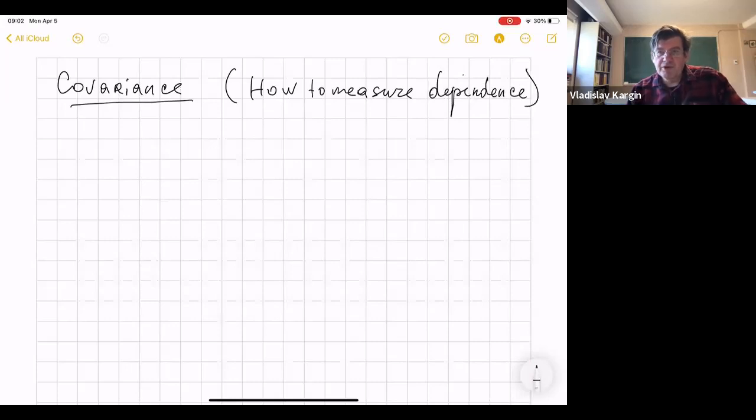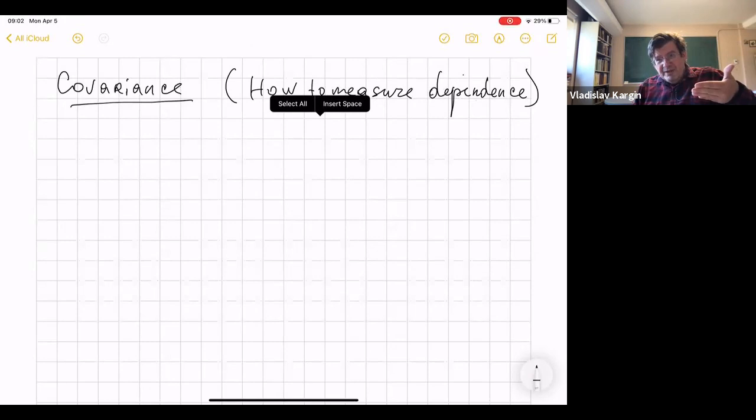In general, random variables are usually not independent, but we may try to measure the dependence. There are many answers. One thing is that dependence inherently means that the conditional distribution is different from the marginal one.